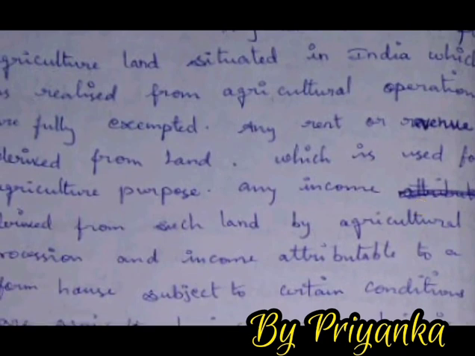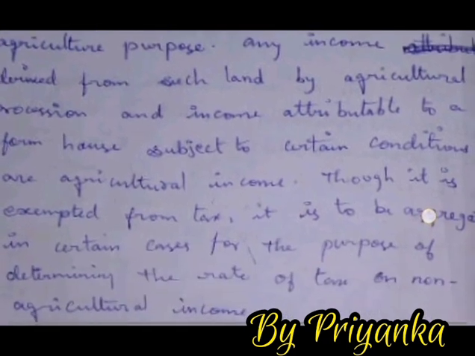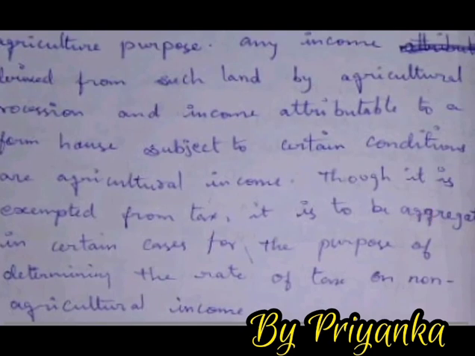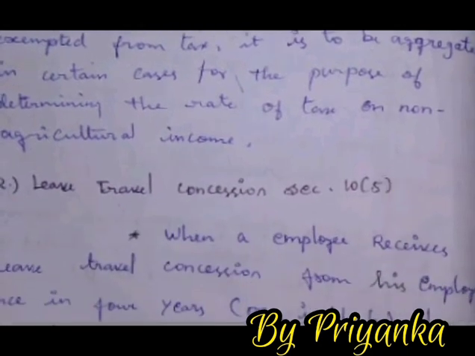Any income derived from such land by agriculture, and income attributable to a farm house subject to certain conditions, is agriculture income and it is exempted from tax. It is to be aggregated in certain cases for the purpose of determining the rate of tax on non-agriculture income.